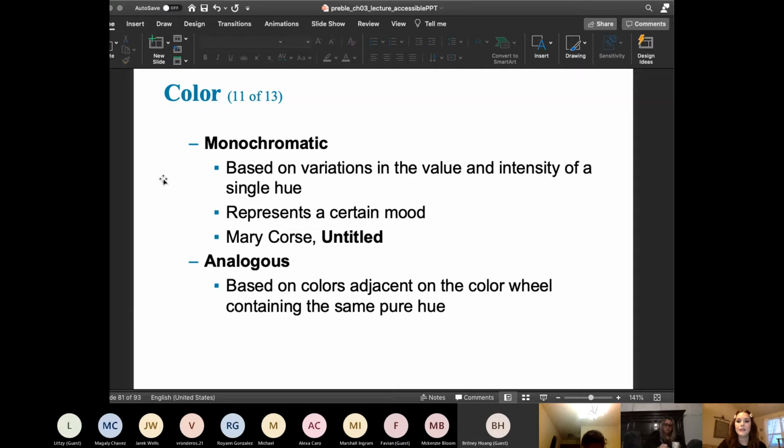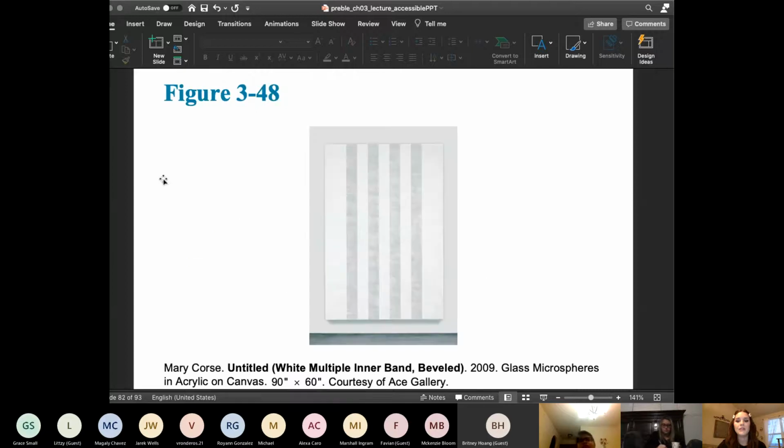An example of a monochromatic painting would be the Mary Corse Untitled. I'll go back to that other slide in a second, but here's that Untitled work. It's all done in whites and grays. So this is actually an achromatic painting as well.